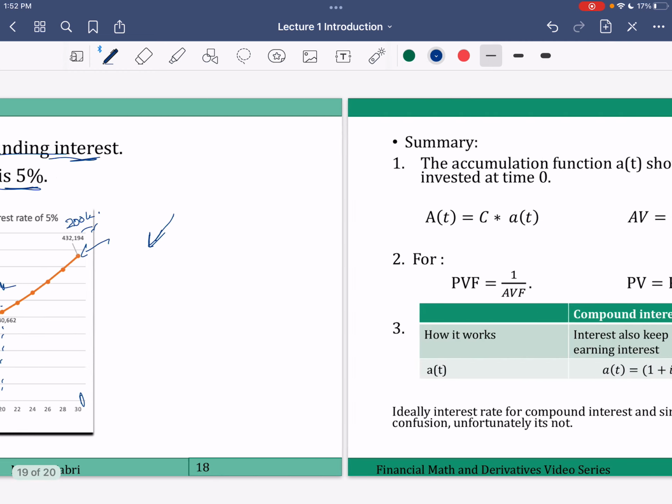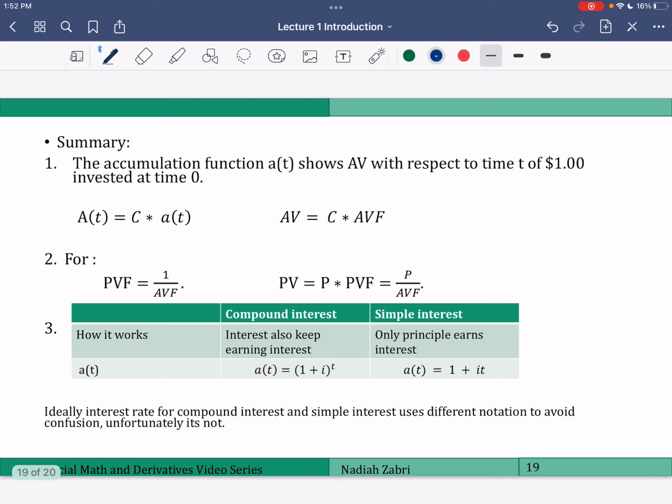Okay, let's go to a summary. The accumulation function shows the accumulation value with respect to time t. This is a sample of an amount function. This is the accumulation function, this is the amount function. And the accumulated value is technically C times the accumulation value factor.